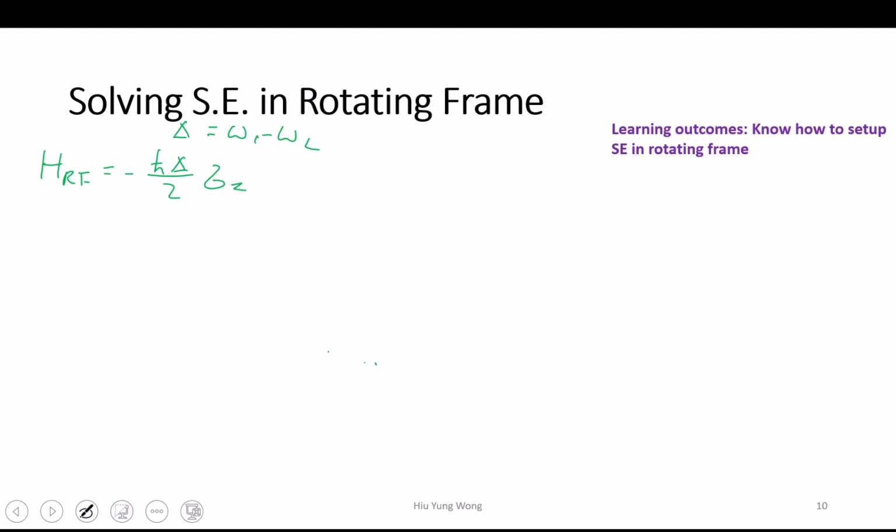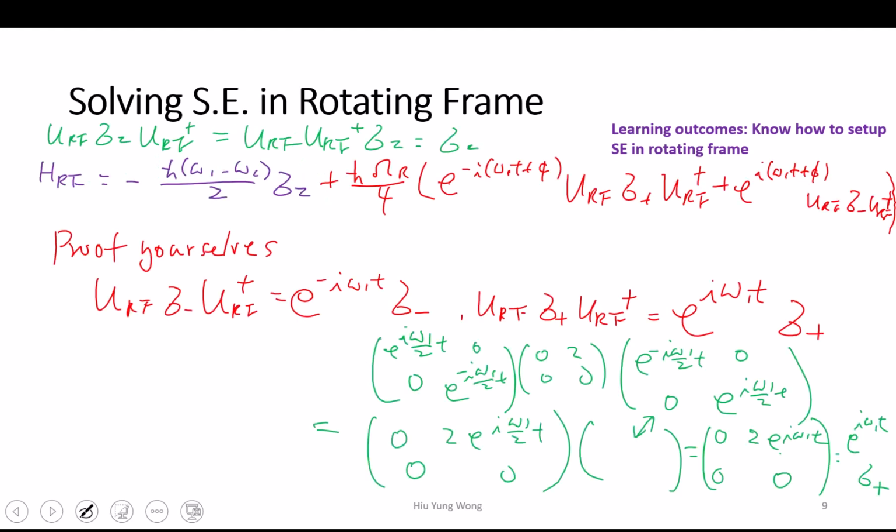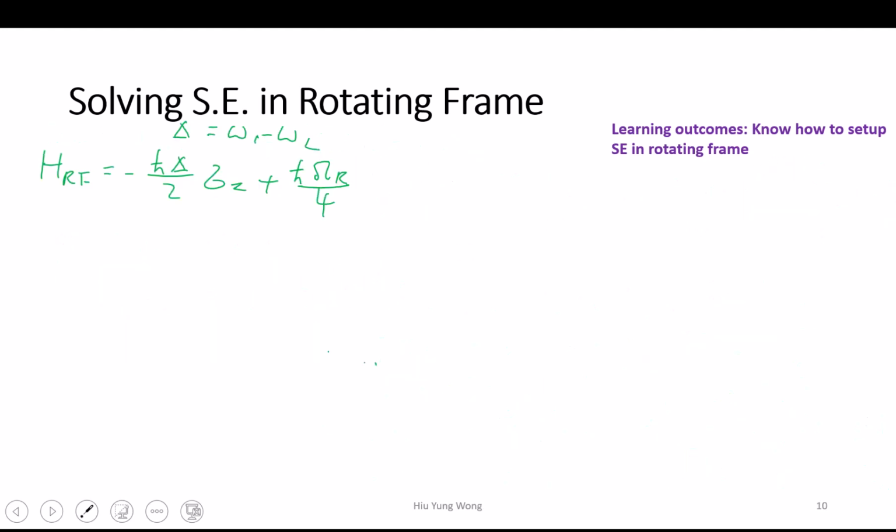And then plus h bar omega L divided by 4. Now, look at this. If sigma plus transforms to e to the power I omega 1t, then you multiply it to this one, isn't it that you cancel this one? Because this is negative I omega t. Same for this one. You multiply this one, you cancel this one, because this is negative I omega t, this is plus, right?